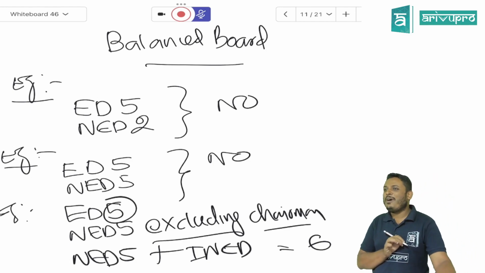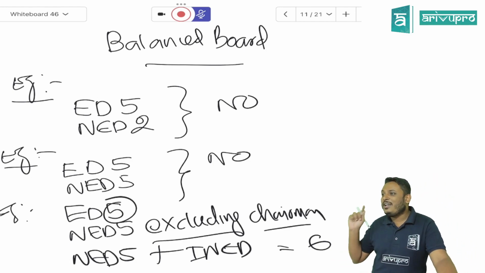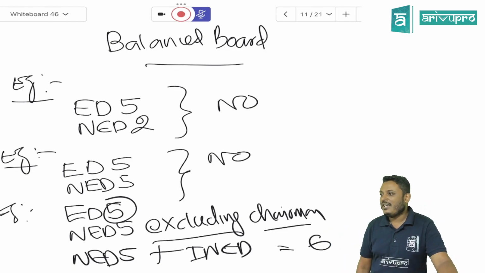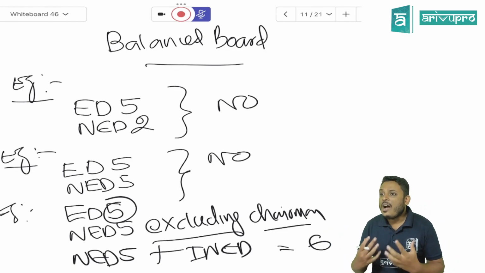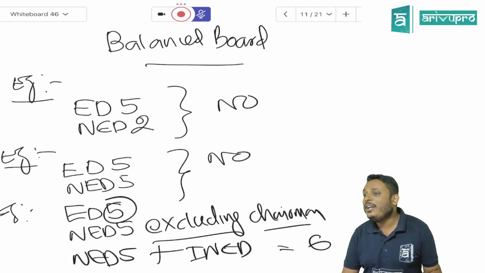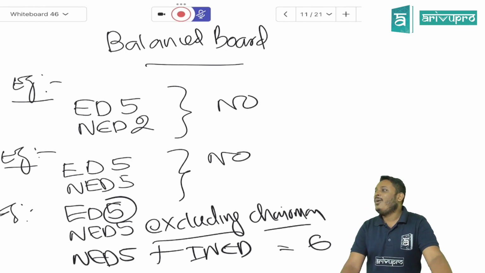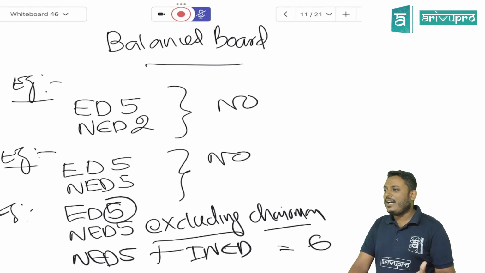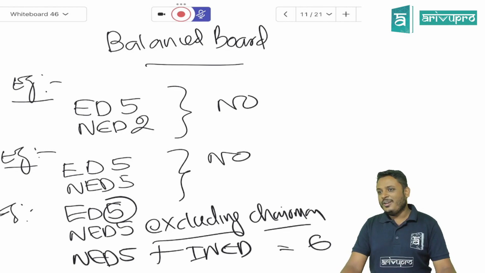Now see who is more powerful. Shareholder representatives are more powerful than executive directors. This is what we call shareholder activism. Earlier I used the term, what is that term? Shareholder absenteeism. Now I am using the word shareholder activism. What is activism? Shareholder representatives are actively participating in the board.